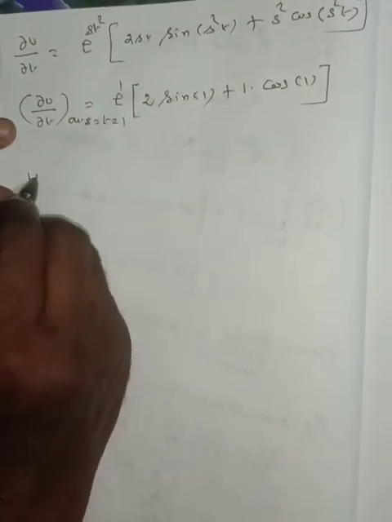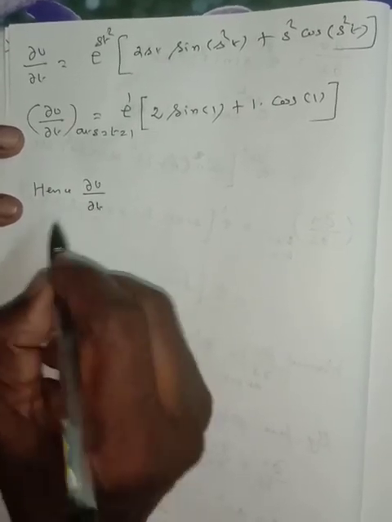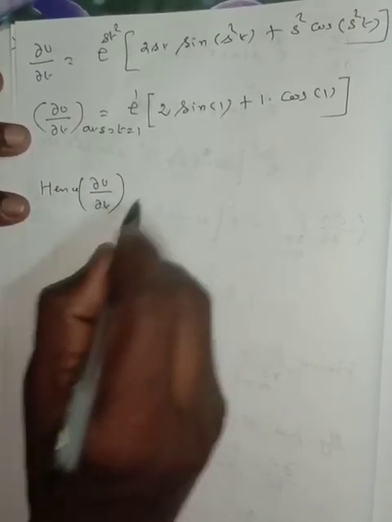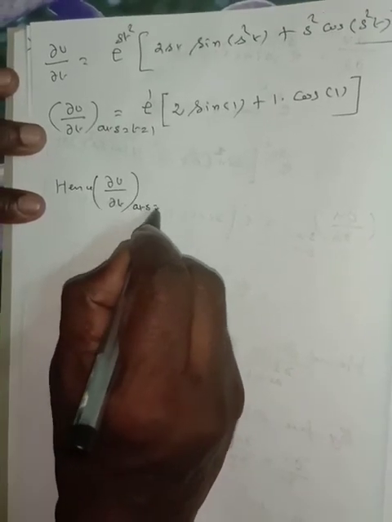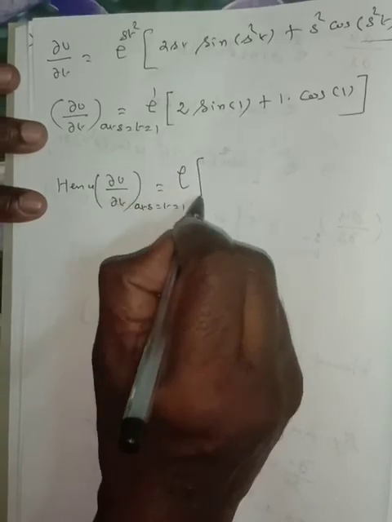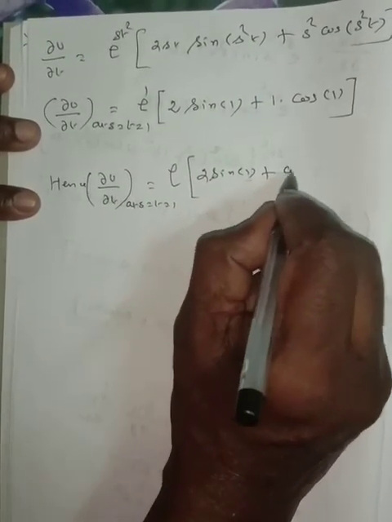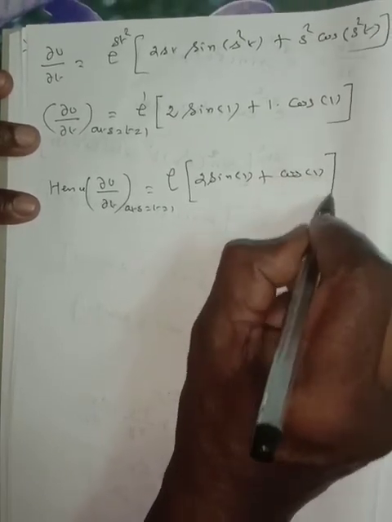Hence dou u by dou t at s is equal to t is equal to 1 is e into sin 1 plus cos of 1. Answer.